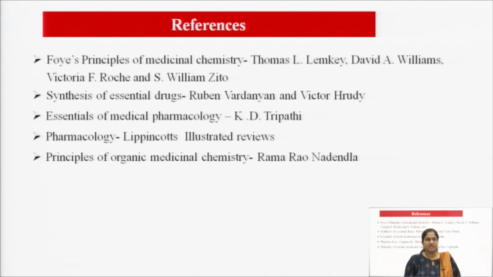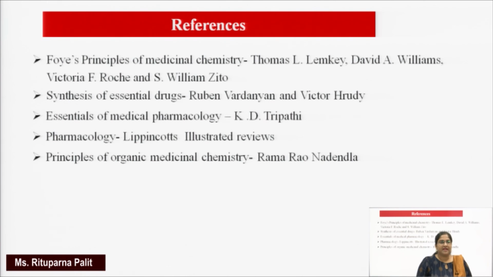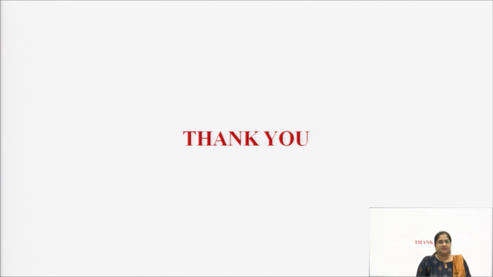For pharmacology, KDT is used, and Lippincott is also used for the same purpose. And one more new book is used for the structural SAR, that is Principles of Organic Medicinal Chemistry by Rama Rao Nadendla. Thank you so much for this session.